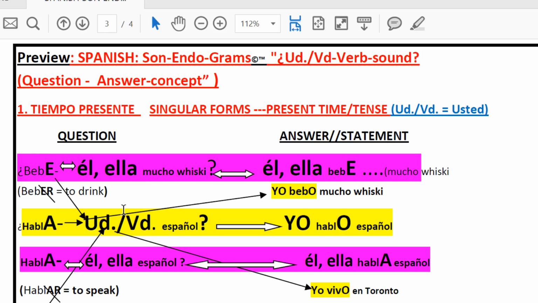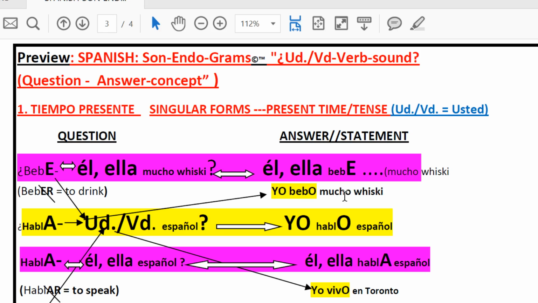And the answer, sí, yo bebo. Again, you have the end song for I, yo bebo mucho whisky. I drink a lot of whiskey.